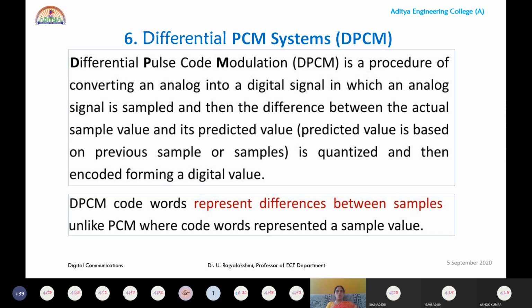So that's why it is called differential PCM. Because you are taking only the difference between the samples, this is called a differential PCM system.